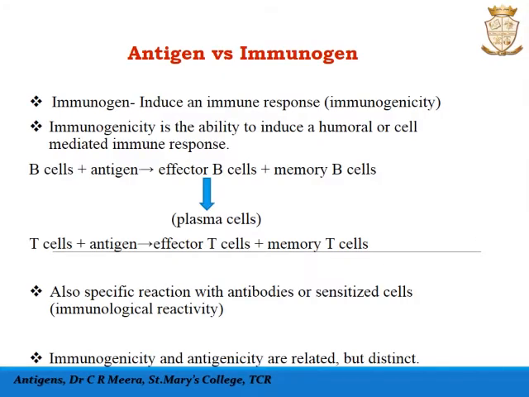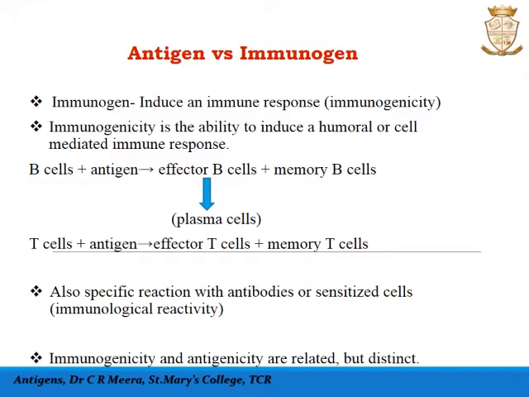Now let us see what is the difference between an antigen and an immunogen. Immunogens are molecules that possess immunogenicity and immunological reactivity. Immunogenicity is the ability to induce an antibody-mediated or cell-mediated immune response.